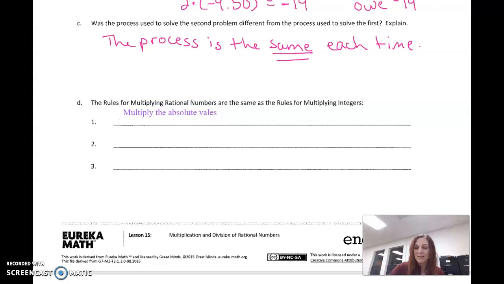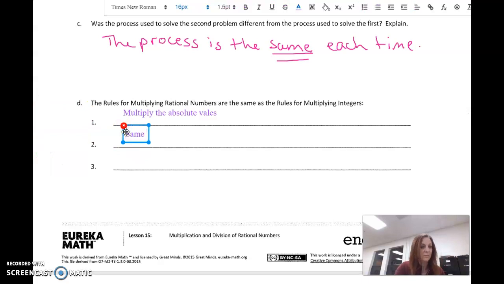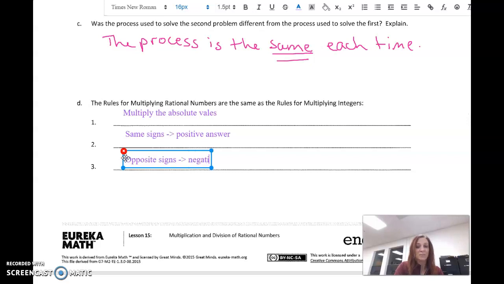Then if it has the same signs, it's a positive answer. If different signs, or I'm going to say opposite signs, so one's positive, one's negative, it's a negative answer or solution.